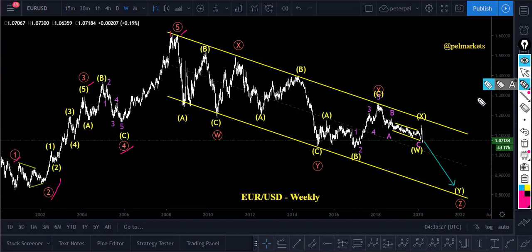And now we are looking at red wave WXYXZ. As we are tracking now, we've had our ABC wave for W and an ABC for X, and we are tracking that this week, if we get a pullback, we can sell.